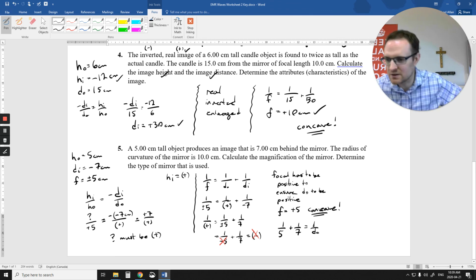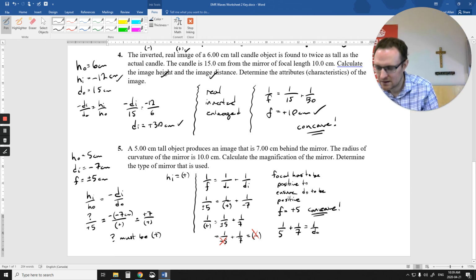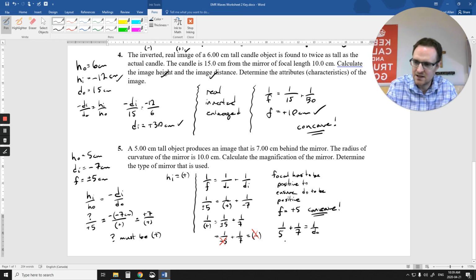Oh, we have to find the DO, sorry. We know the DI. So 1 over 5 plus 1 over 7. 1 over my answer. So my DO is positive 2.916 repeating, so I'll just put 2 for now.